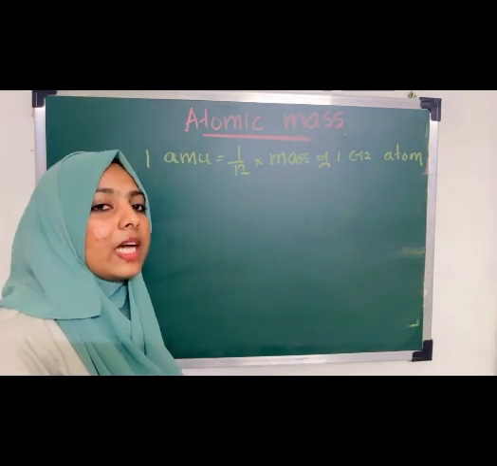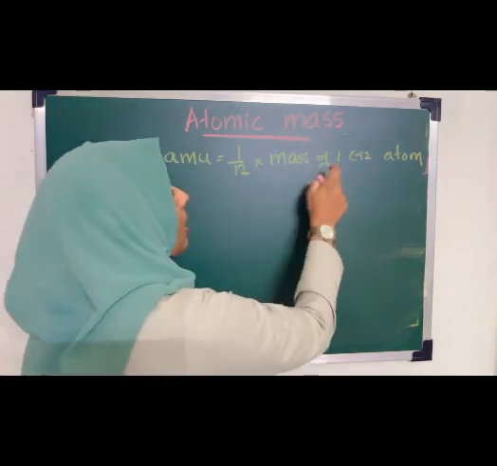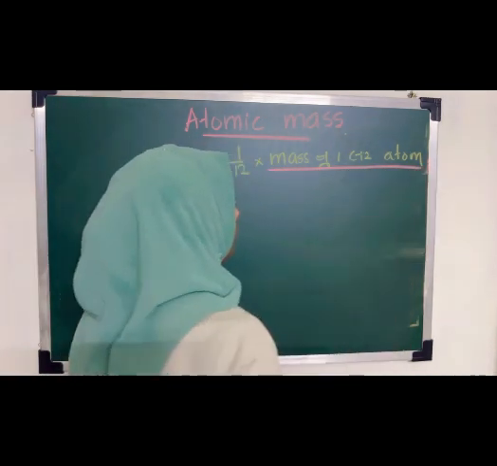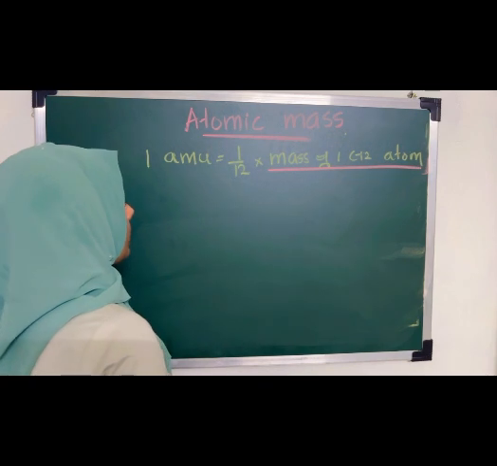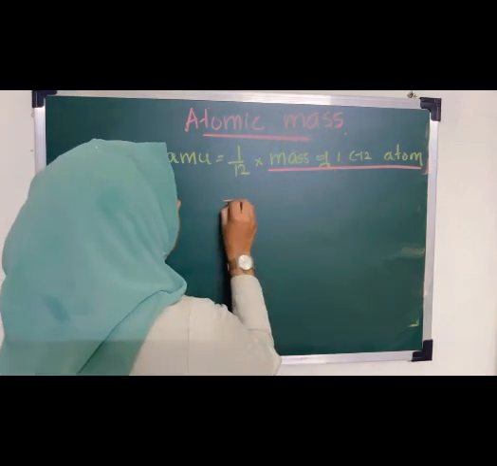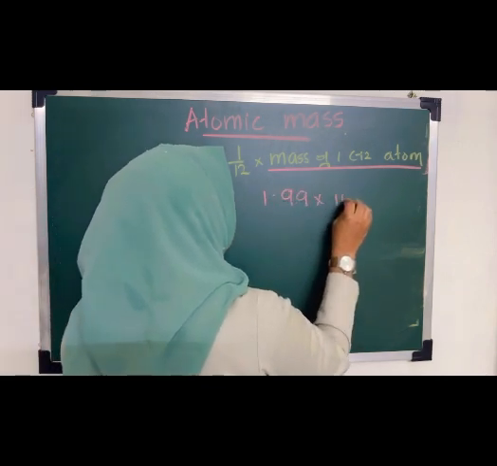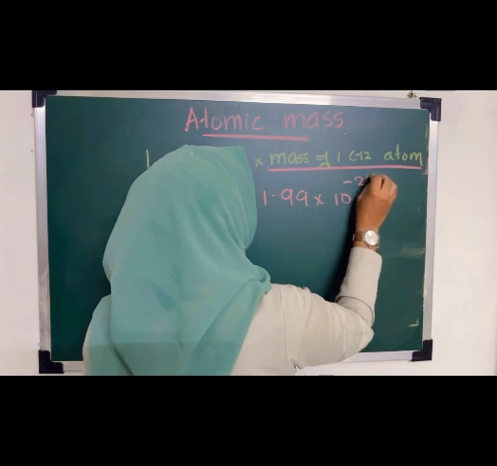Years after, scientists found out with the help of a mass spectrometer the mass of 1 carbon-12 atom. So, the mass of 1 carbon-12 atom is equal to 1.99 × 10^-23 gram.